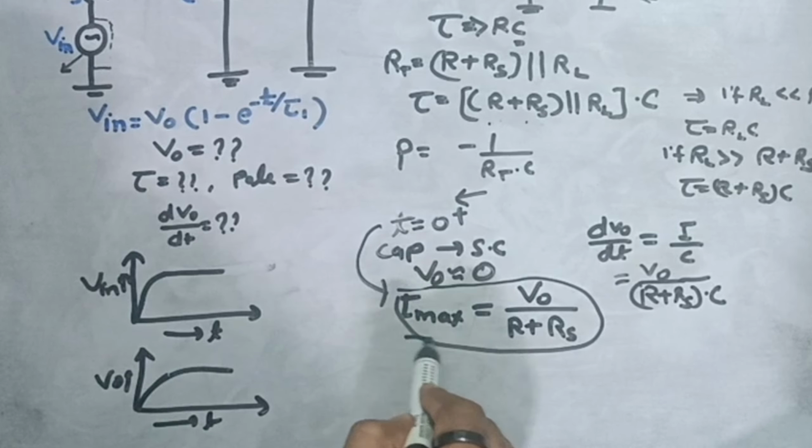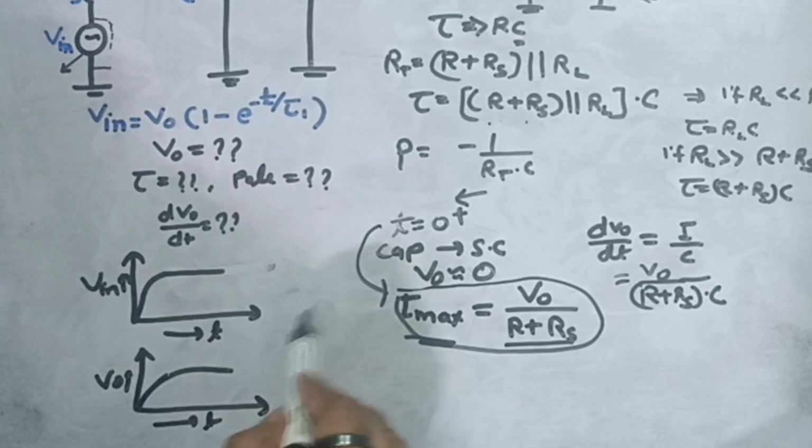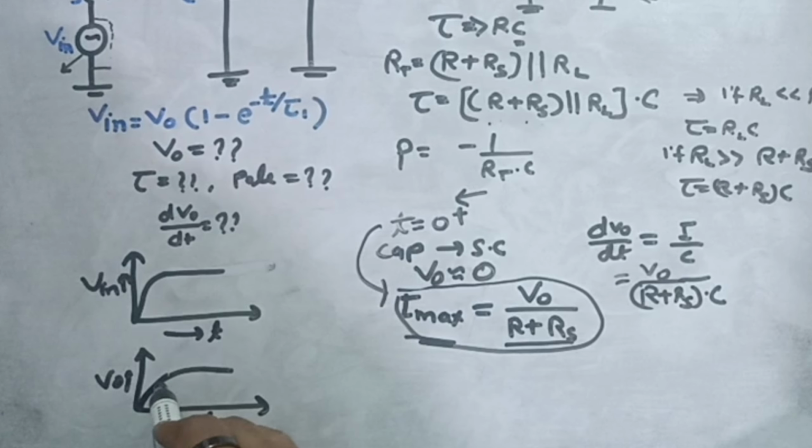So the maximum current which is available is V naught upon R plus Rs. Because of that, its bandwidth will be reduced and its rise will be pretty much slower. Later on, your slew will be dependent on RC. So at that time, R and C will come into picture. In the early phase, your slew will be dependent on this I max current.